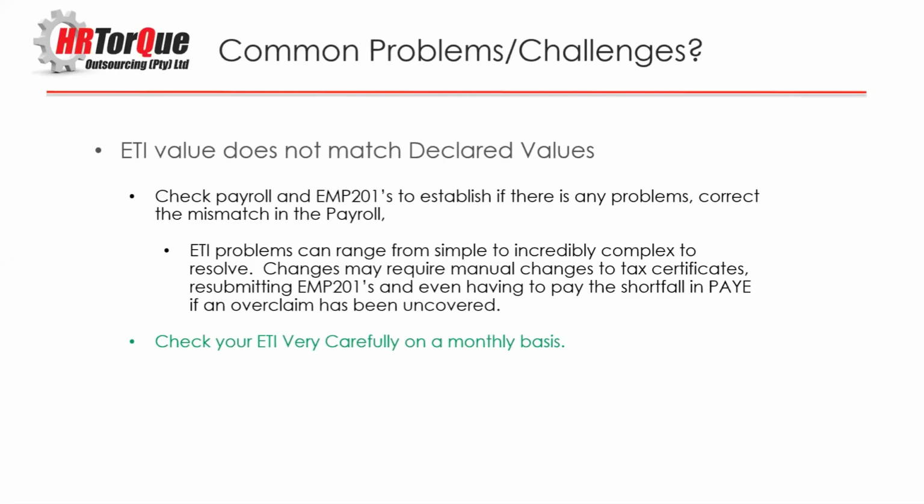And sometimes it's a really straightforward thing that somebody's ID number is not validating, or it could be something far more serious, like an incorrect ID number was entered and someone who shouldn't have got ETR has got ETR. So it's important to check that as often as you possibly can, preferably on a monthly basis, so that when you actually come to submission time, you don't have any real issues.